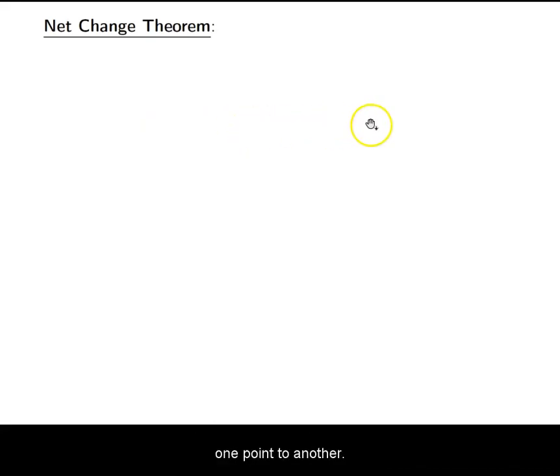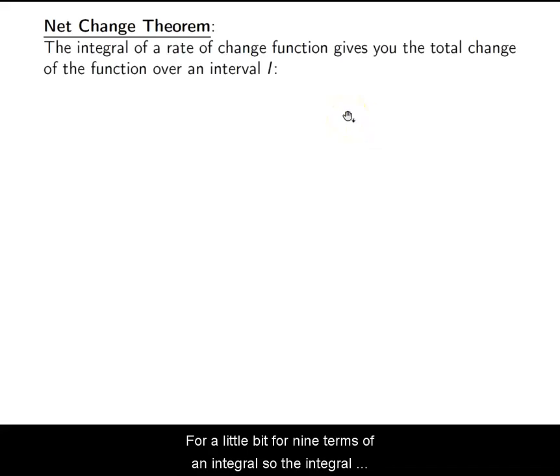Okay. So this brings us to the net change theorem, which is really just talking about how much we've changed from one point to another. We've seen this before a little bit, but not in terms of an integral. So the integral of a rate of change function gives us the total change of the function. So remember, an integral gives us the area under a curve, right?